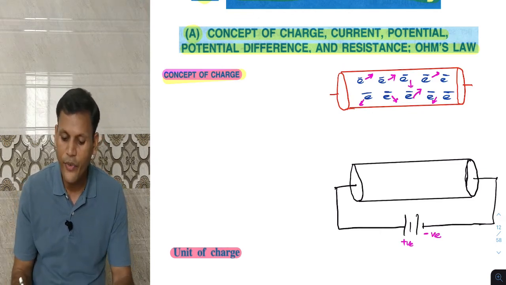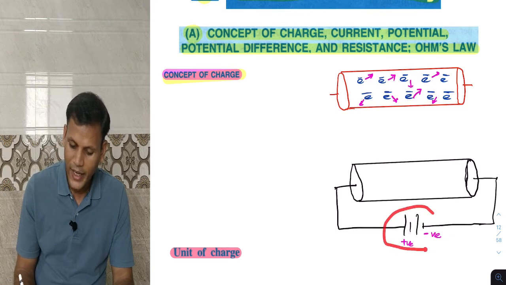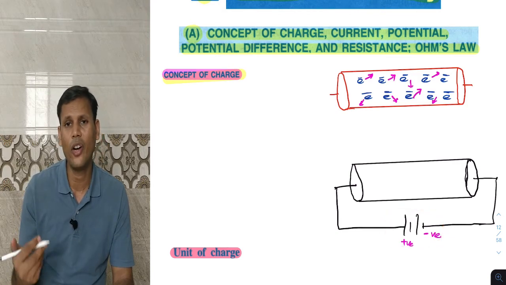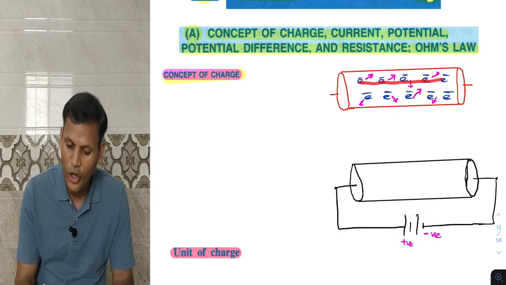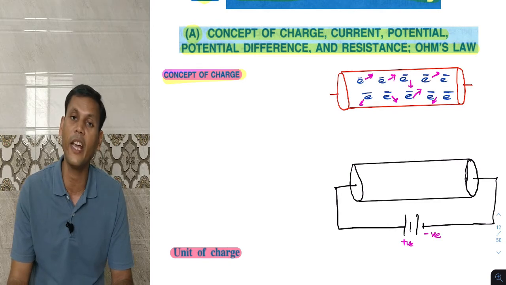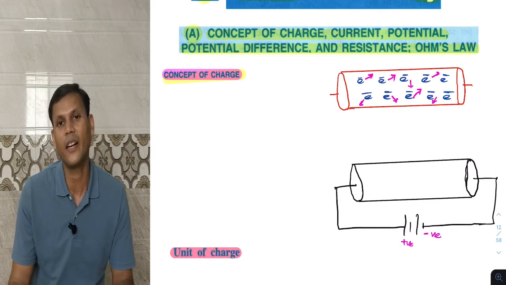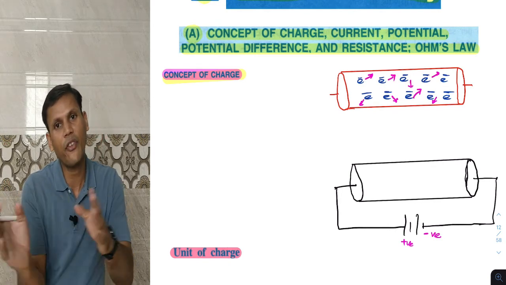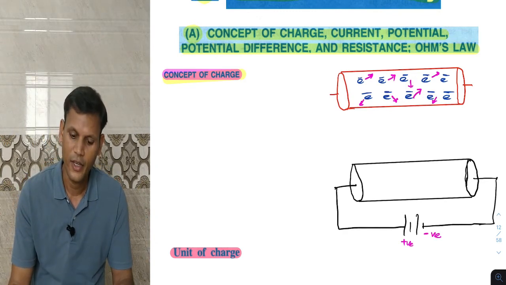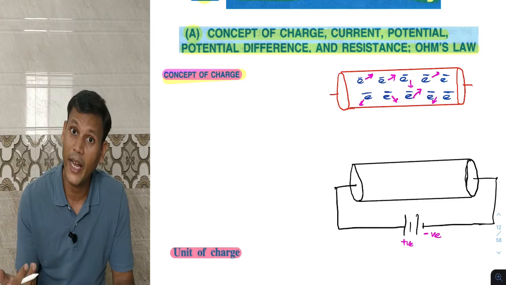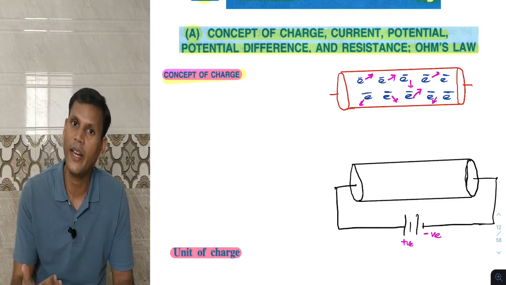Now as we apply a battery or cell across it, what happens? The drifting of electrons becomes specific in direction. All electrons will start to move in a particular direction when we apply the battery or cell.